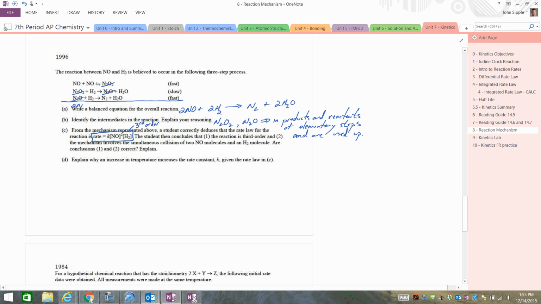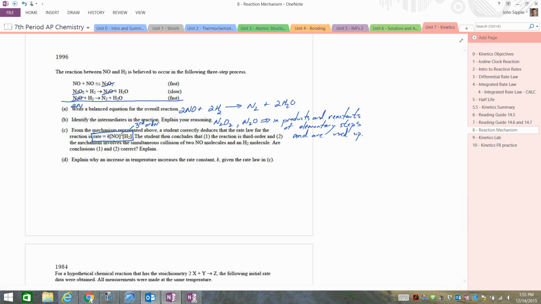Okay, so they're saying the reaction's third order. The student then concludes that, number one, the reaction is third order. And number two, the mechanism involves a simultaneous collision of two NO molecules and an H2 molecule. Are conclusions 1 and 2 correct?